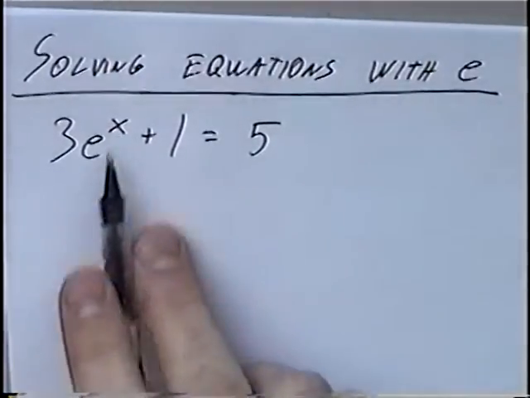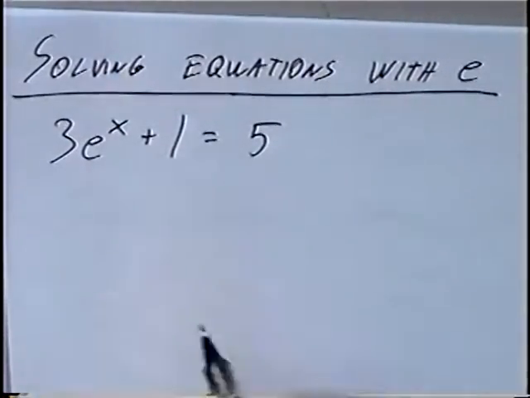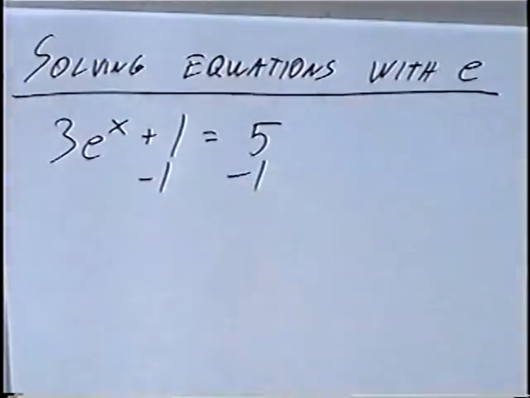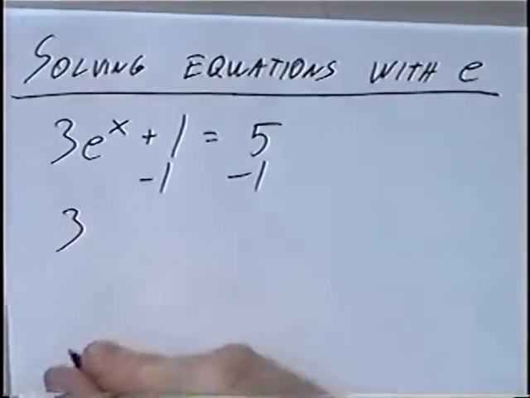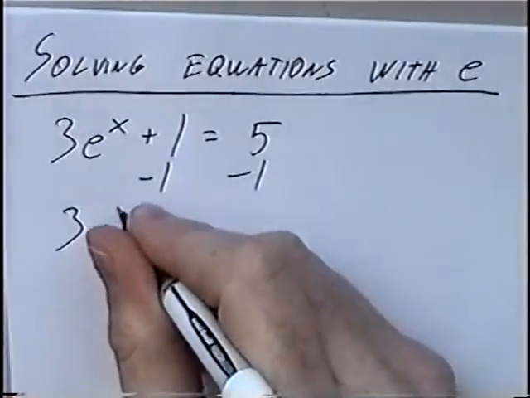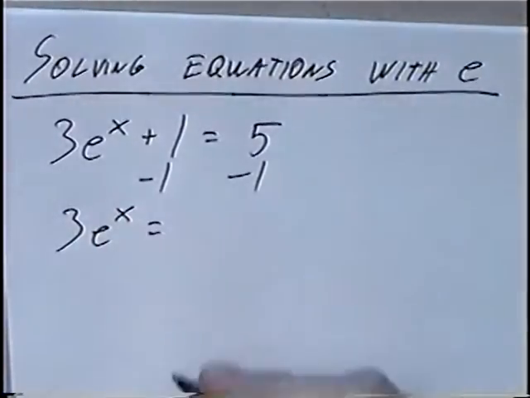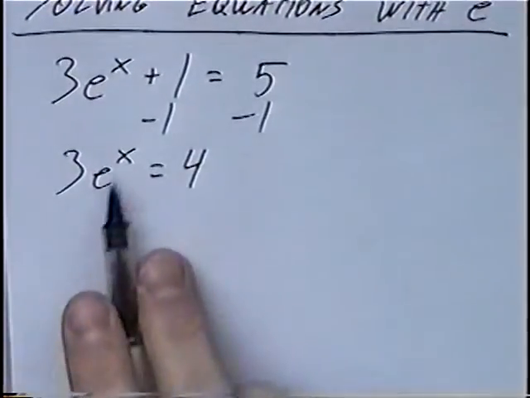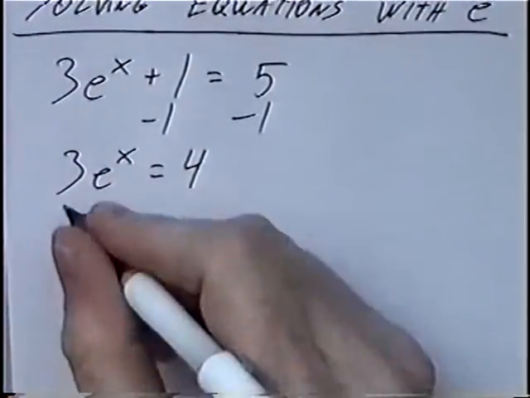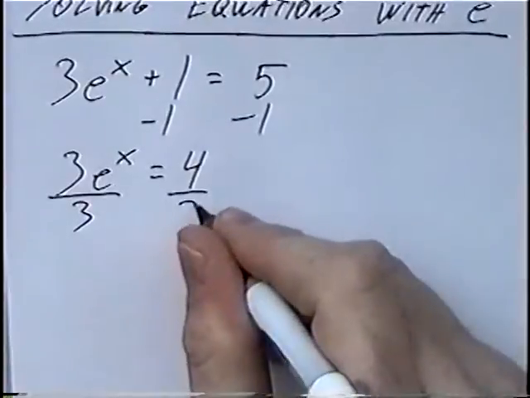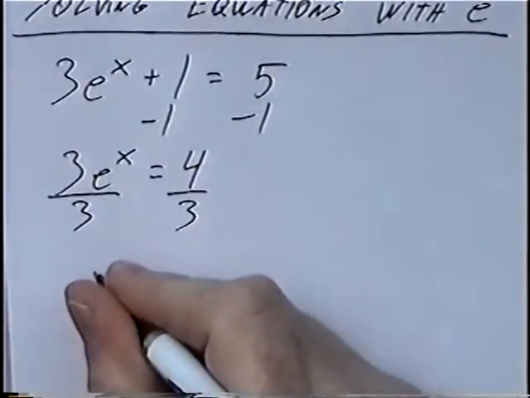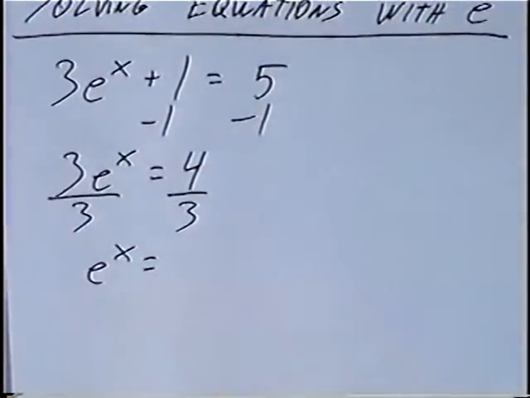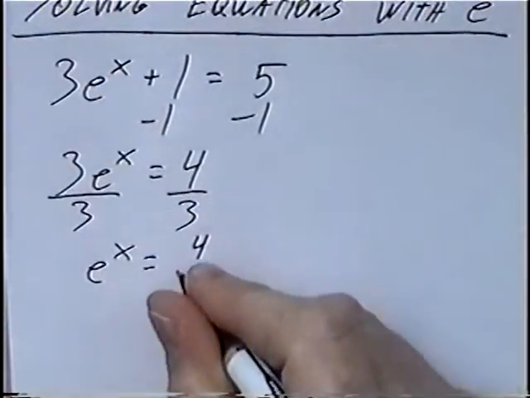To first isolate x, the plus 1, we can subtract on both sides. So we have 3 times e to the x power equals 4. And to continue to get x by itself, instead of multiplying by 3 to cancel it out, we can divide by 3. So we'll have e to the x power equals the fraction 4 over 3.